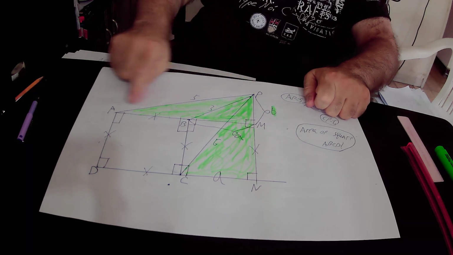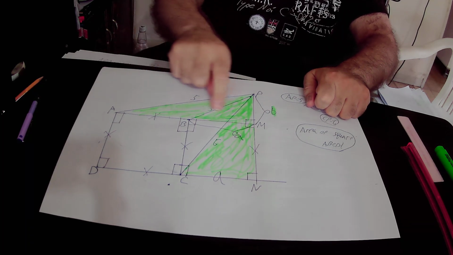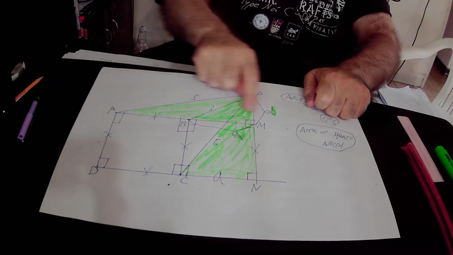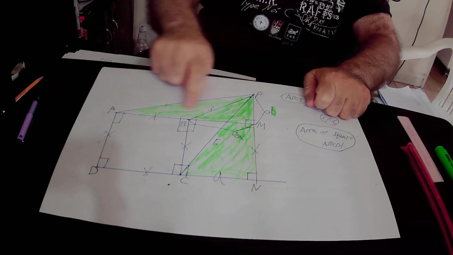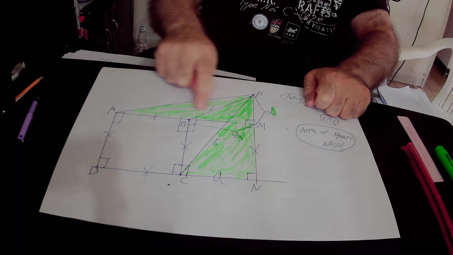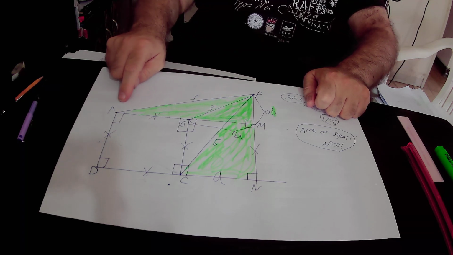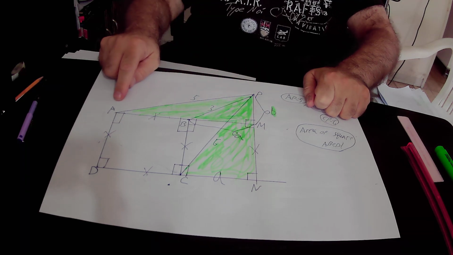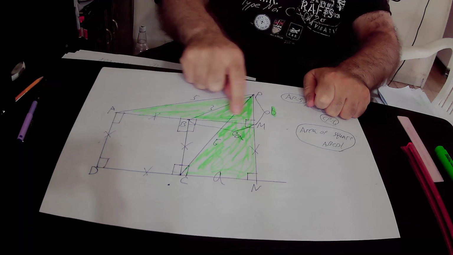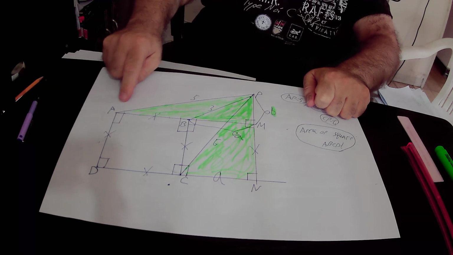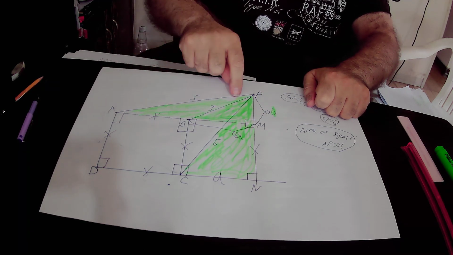So angle ABM equals 180 degrees, therefore angle ABM is a straight line. If angle ABM is a straight line, then line segment ABM is a straight line, and if line segment ABM is a straight line, it means that line segment AM is also a straight line. So if line segment AM is a straight line, it means that shape APM is a right triangle.